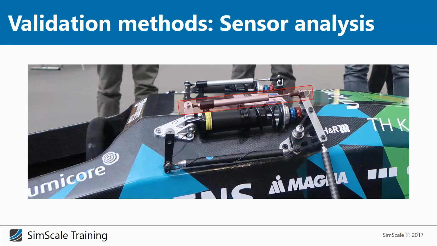You cannot make a statement about how much downforce you really produce, because there are some suspension kinematics and some damper kinematics in it, but you can definitely say that the car is doing around that value of downforce. So it's not an exact value, but it can give you a range in which the downforce that your car generates lies.